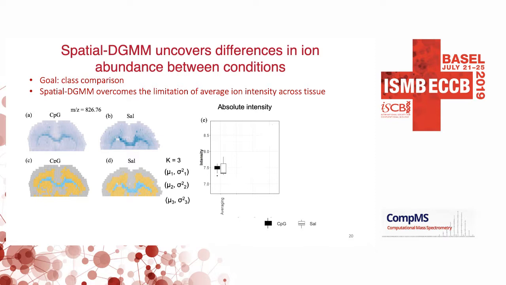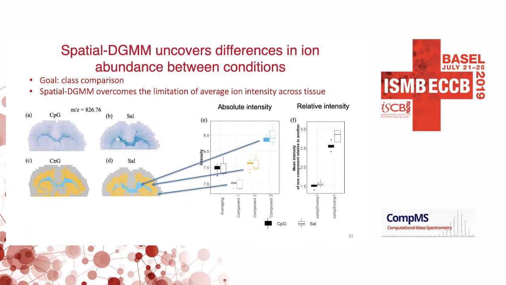Or we can fit spatial DGMM first, and then we have 3 Gaussian components per tissue, with their means and variances, and then we can compare the mean of the Gaussian components between the 2 groups.